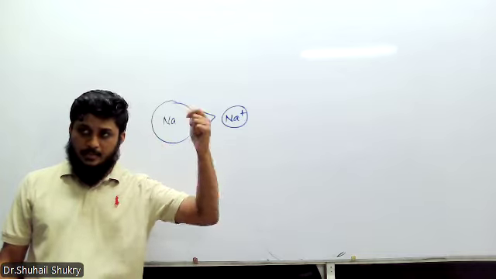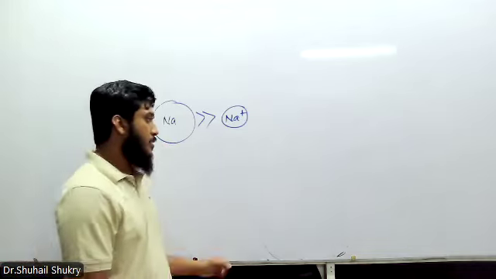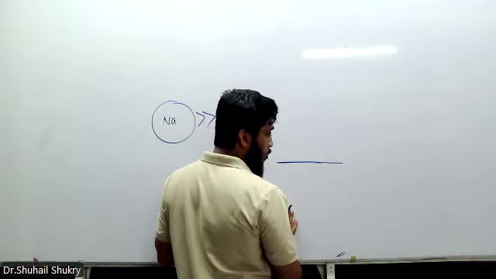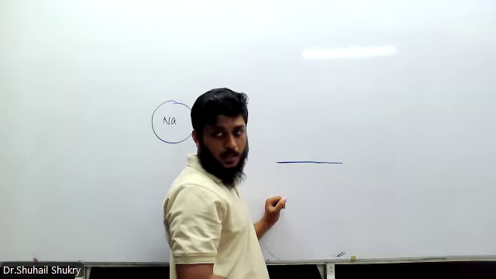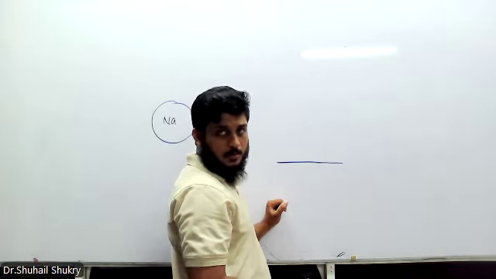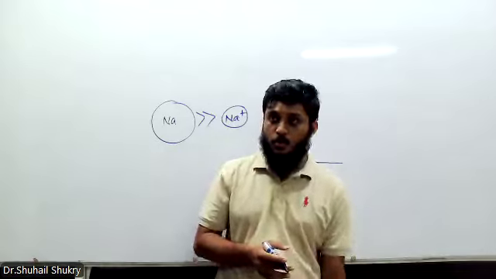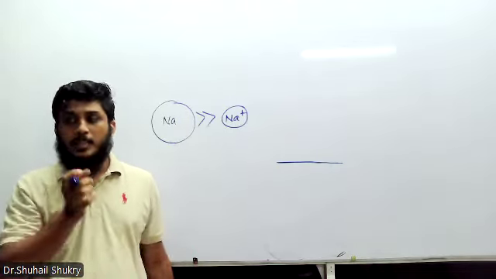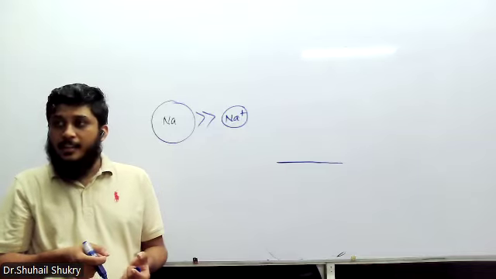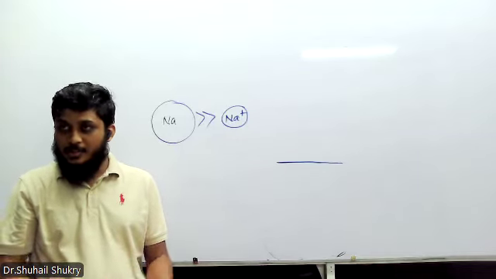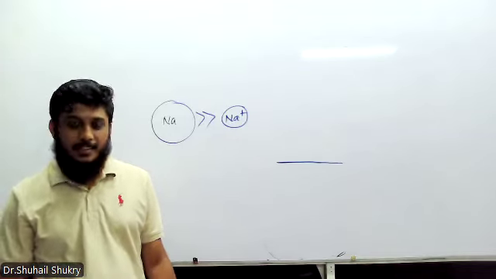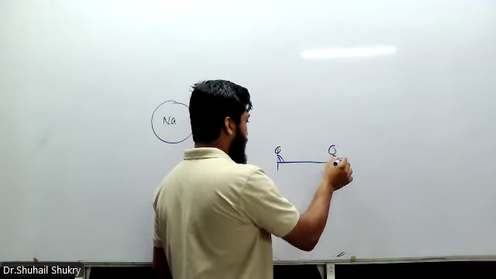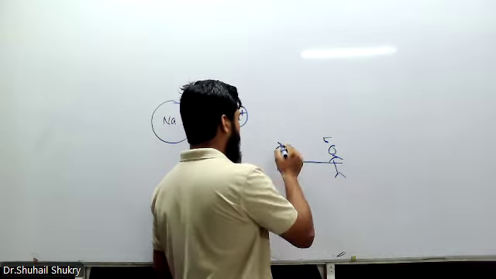But when the electron is removed, now just imagine this is a tug of war. You know tug of war, pulling the ropes. Say we have 5 people on this side, 5 people on this side, pulling both sides.